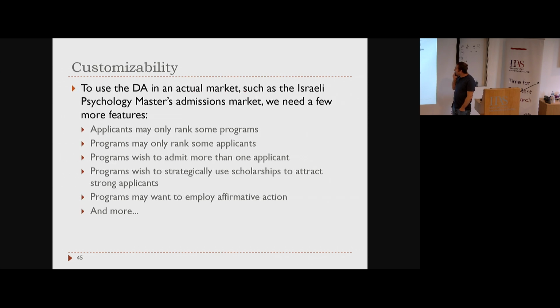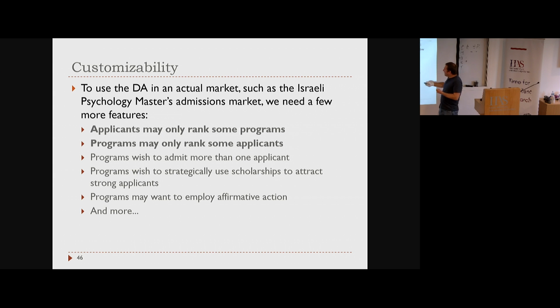Okay, customizability. I want to use deferred acceptance in an actual market, such as the Israeli psychology admissions market, and I need to do a few tweaks in order for it to be practical. So now I'm going back to practice. For example, applicants may only rank some of the programs, not all of them, right?